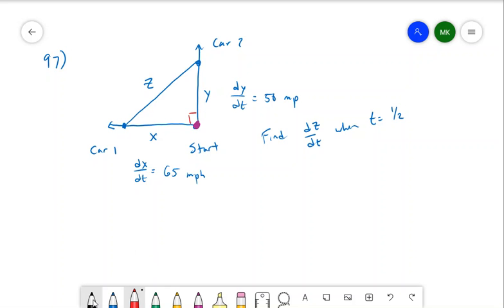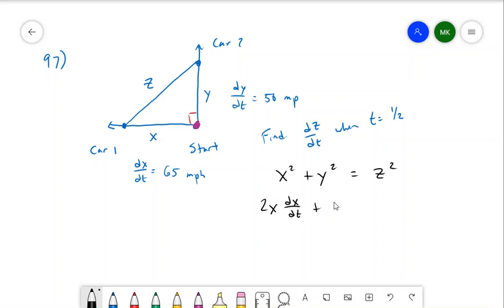Now, our relationship is going to be the Pythagorean theorem: x squared plus y squared equals z squared. And we can take the derivative, this time with respect to t. The derivative of x squared is 2x, and you get a dx/dt.